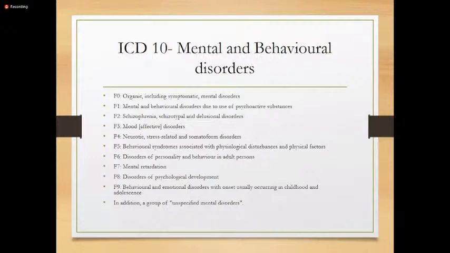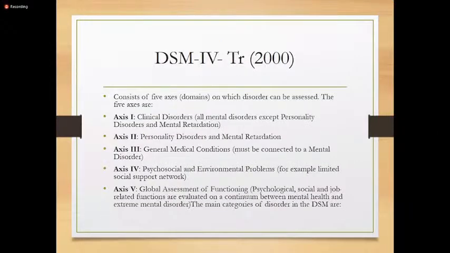Then they have disorders of personality and behavior in adult persons. Then they have mental retardation and disorders of psychological development, which are usually seen in childhood or start in childhood. Then they have behavioral and emotional disorders with onset usually occurring in childhood and adolescence. Then they have a group of unspecified. That gives you room for wiggle.